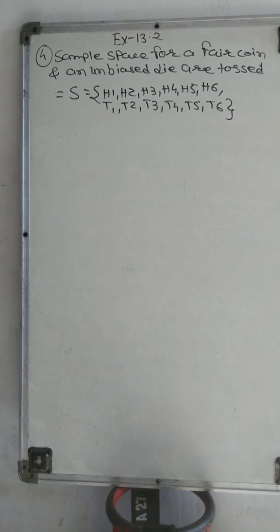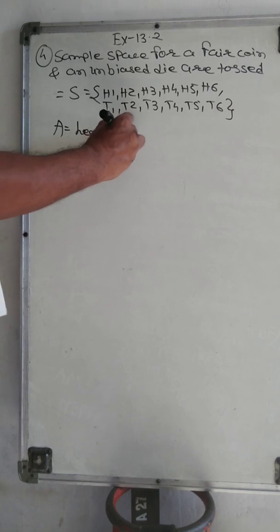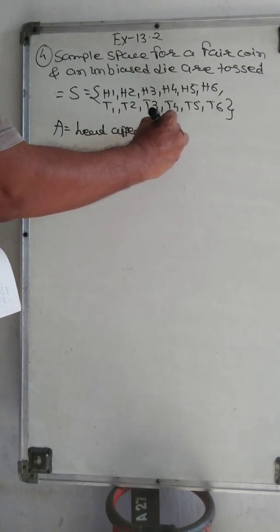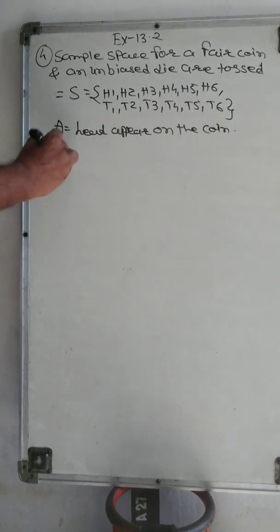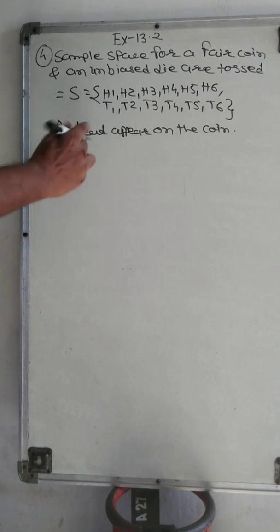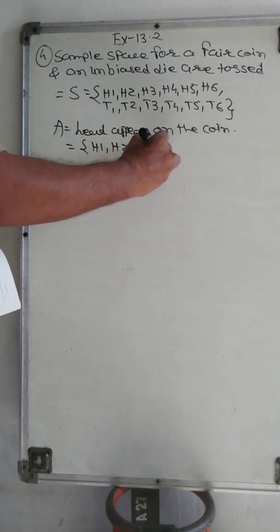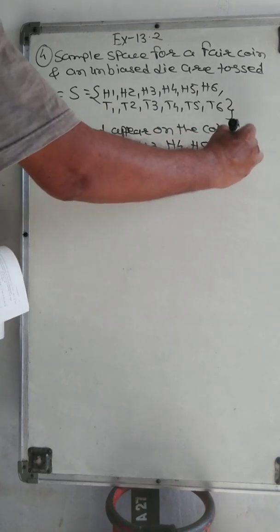Now it is given that A is the event that head appears on the coin. Then A is H1, H2, H3, H4, H5 and H6.